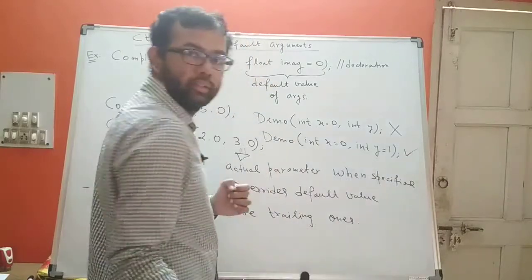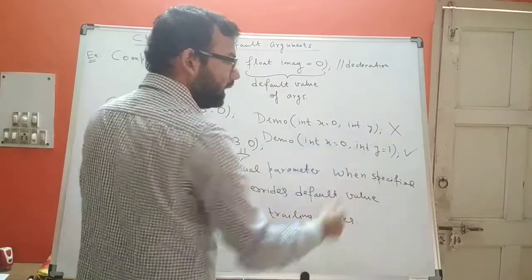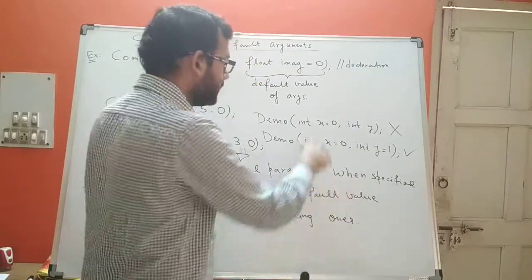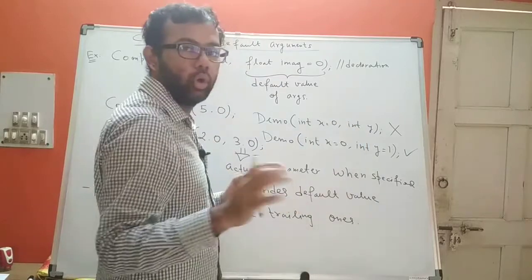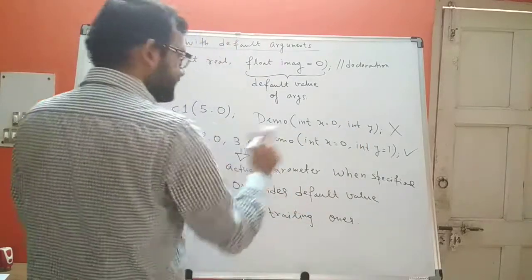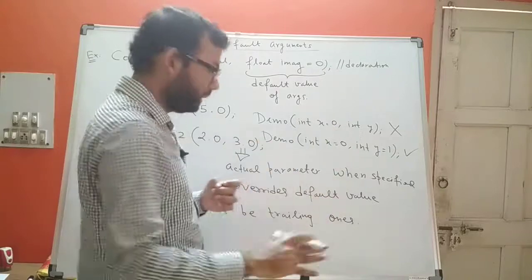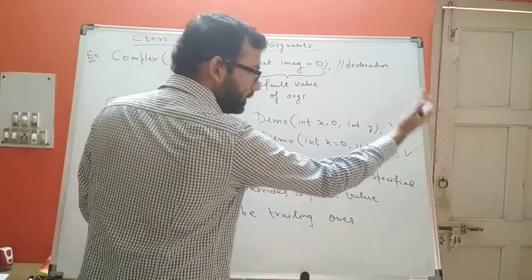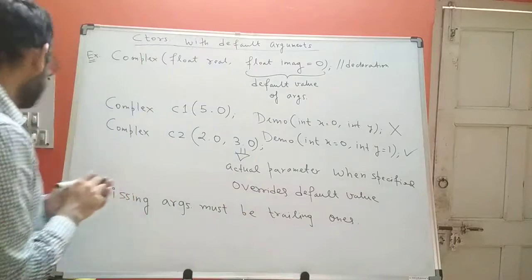This is perfectly fine. See, a default argument is followed by another default argument. That is okay. But a default argument will never be followed by a non-default argument. So this is the meaning of default arguments should be trailing ones. That means they should always be written from right to left. So I hope this part is clear.